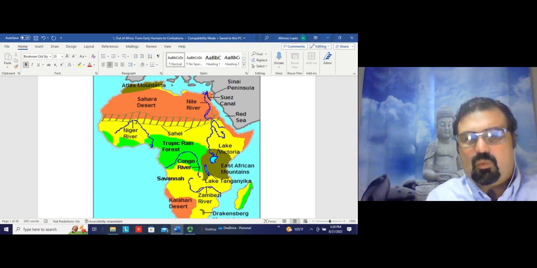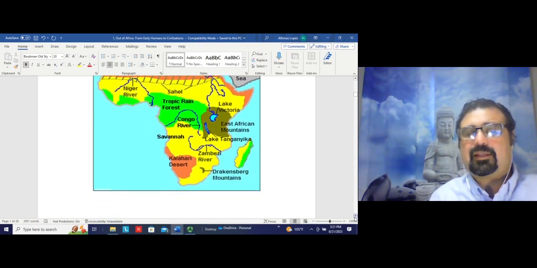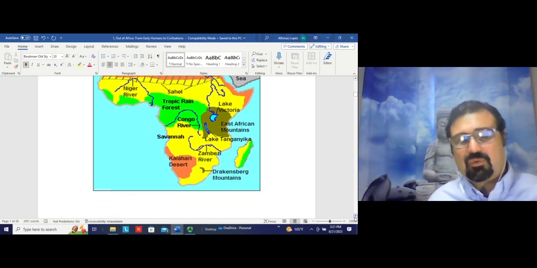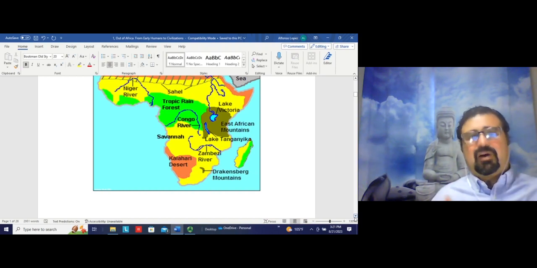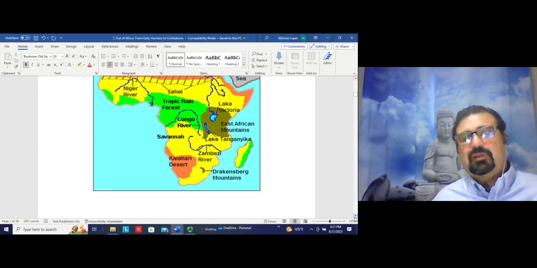Okay, we got also the Eastern African mountains, the mountainous regions, and down to the south, we also look at a savanna, and there's plenty of wildlife there as well.